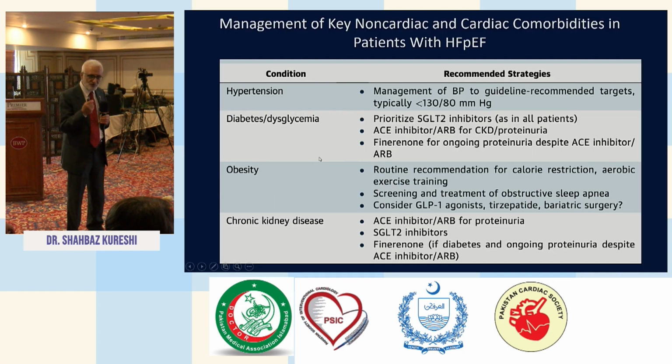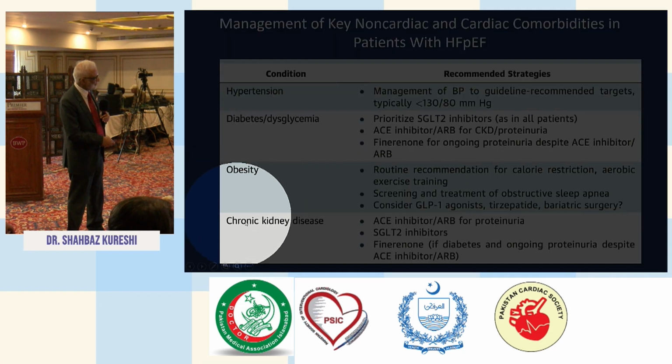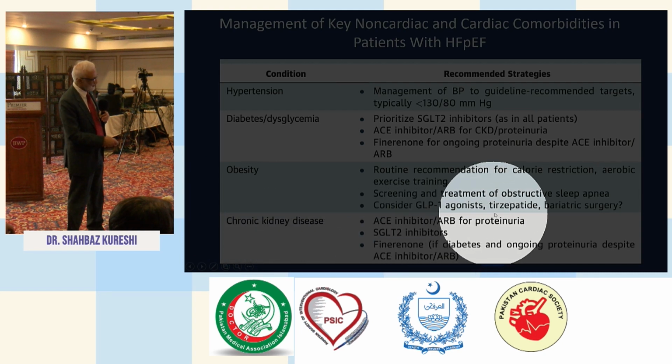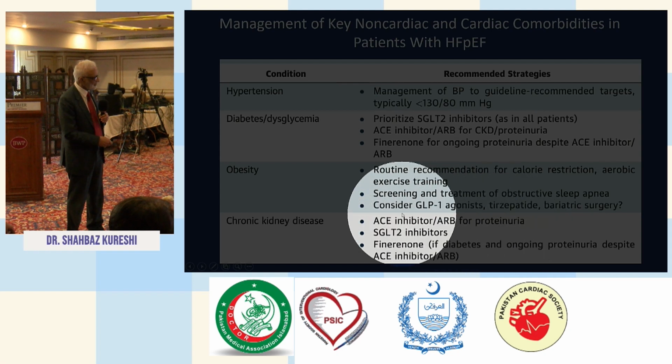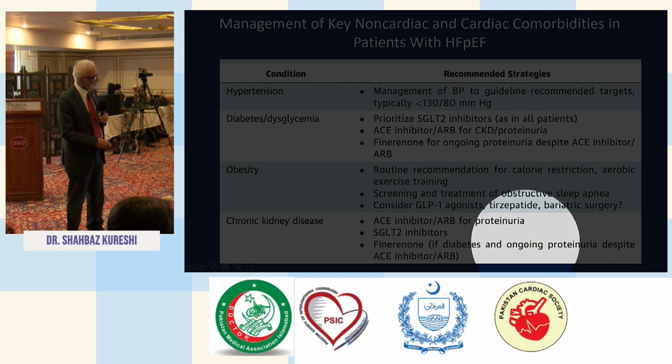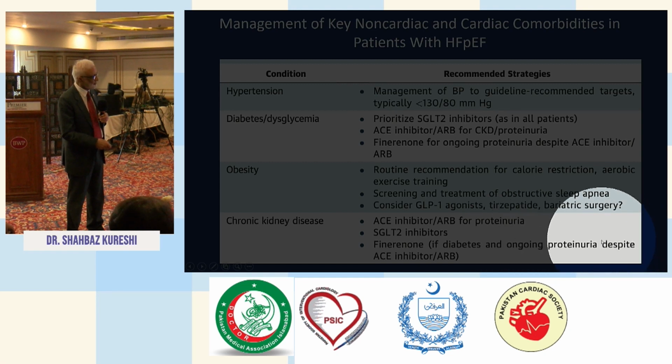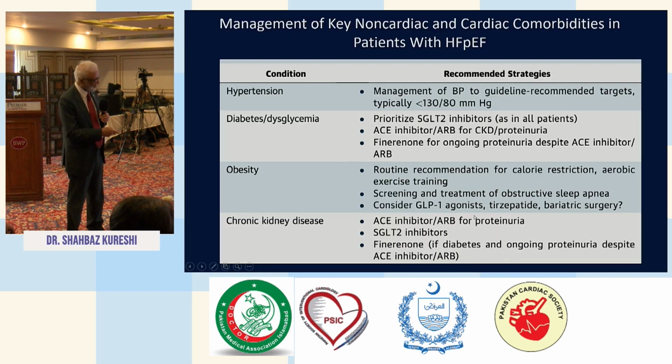Obesity, we need to reduce the weight. Aerobic training, we must manage the weight daily so that we can understand that there is progress in the management of your patients. When there is chronic kidney disease, we have ACE inhibitors or ARBs for proteinuria, SGLT2 inhibitors, finerenone if diabetes and ongoing proteinuria despite ACE inhibitor and ARB.